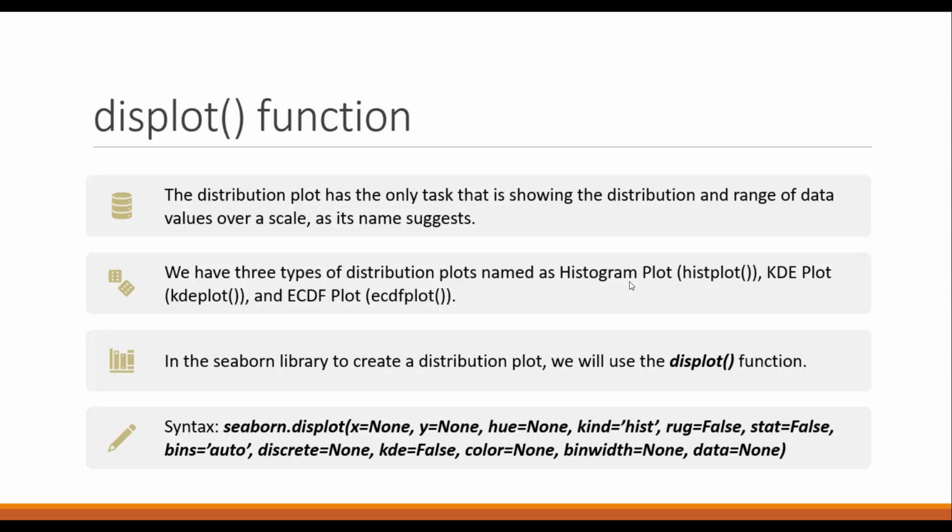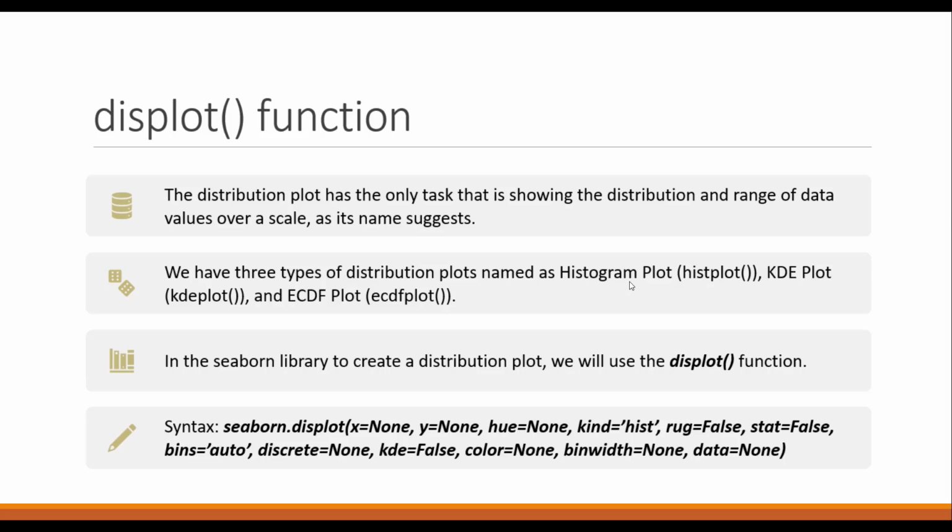Firstly, we will understand the displot function in this video. I will first explain what this function does. Basically, the distribution plot has only one task, that is showing the distribution and range of data values over a scale, as its name suggests. In the Seaborn library, if you want to create the distribution plot, you have to call the distplot function if you are using the older version.